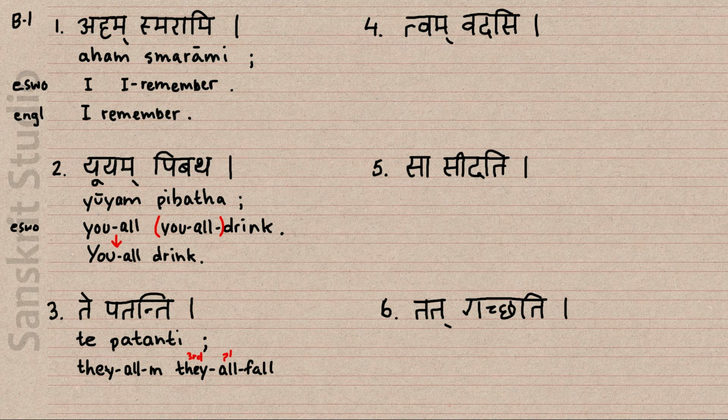So therefore this they all am here refers to the masculine of the third person plural Sanskrit pronoun. So everything seems to match in terms of number and person, so that seems good.